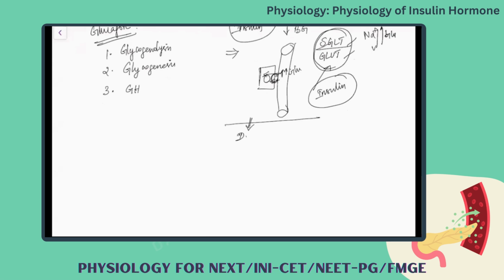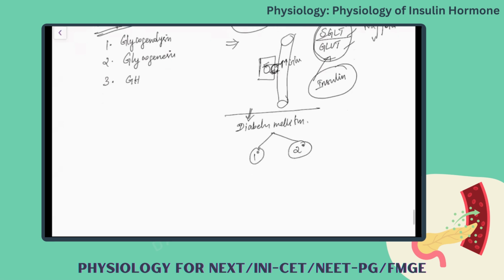and the last part is the clinical aspect of insulin, which is diabetes mellitus. Okay, you have two types of diabetes, primary diabetes and secondary diabetes.